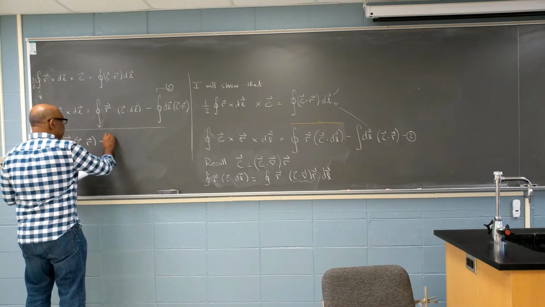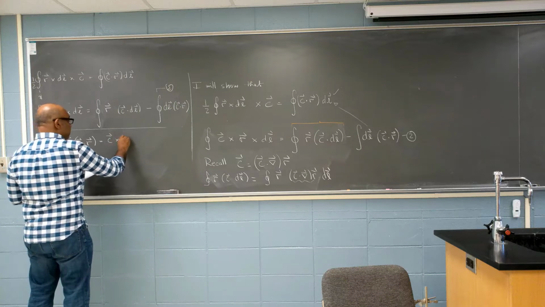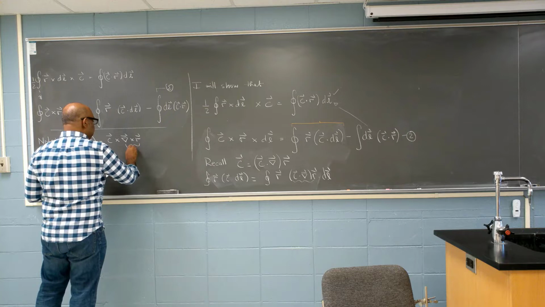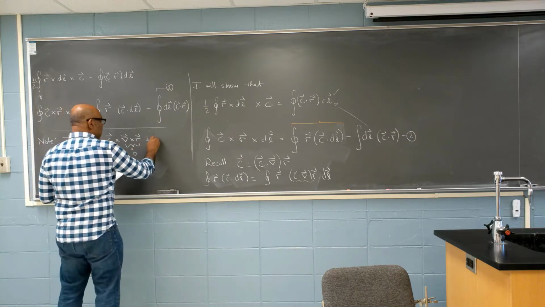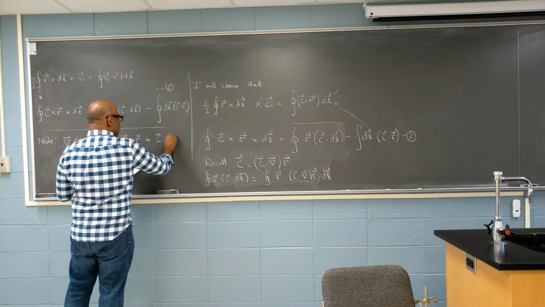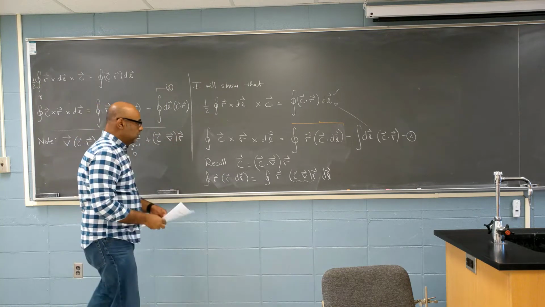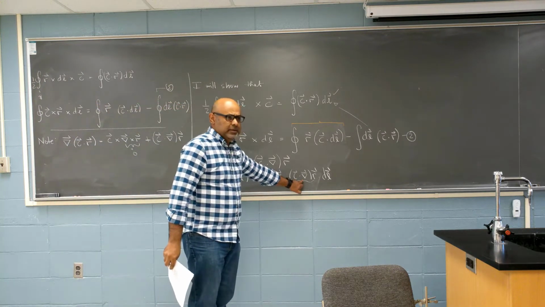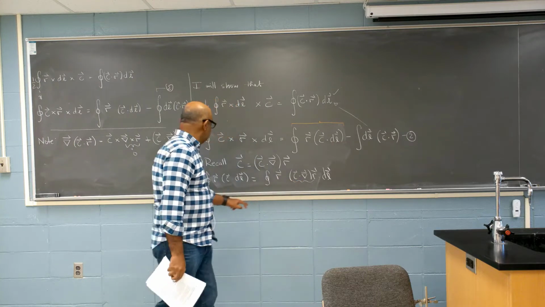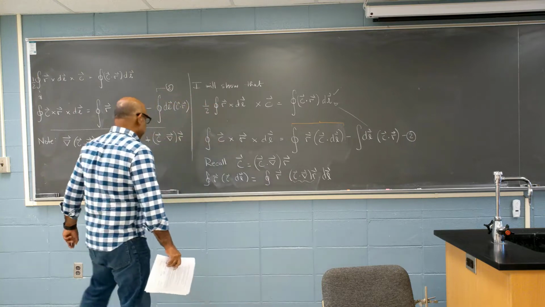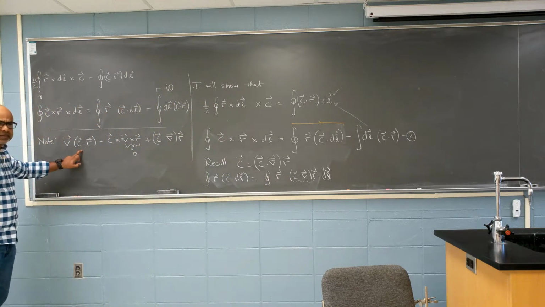And that is C cross the curl of R. The curl of R is 0 plus C dot gradient of R. So which I have over here. So I'm going to take this guy in this integral and replace it with that.